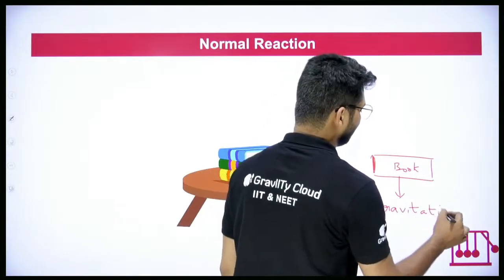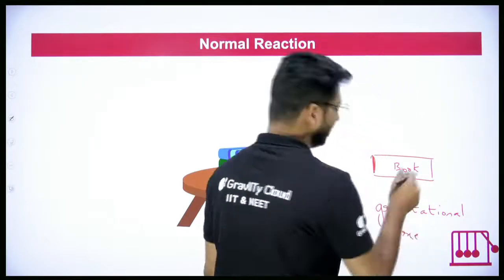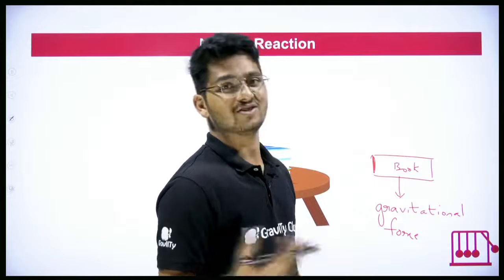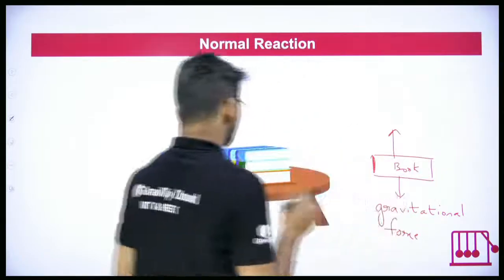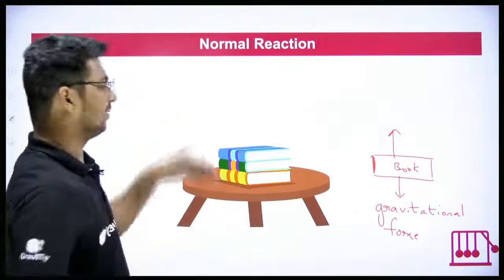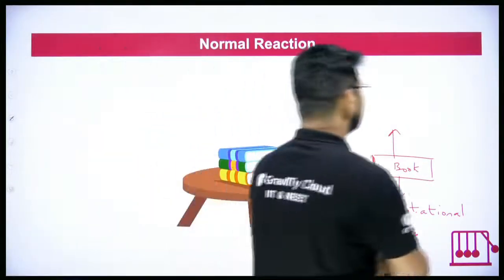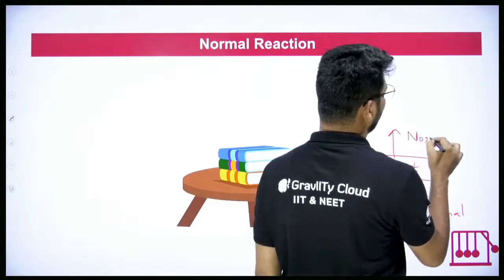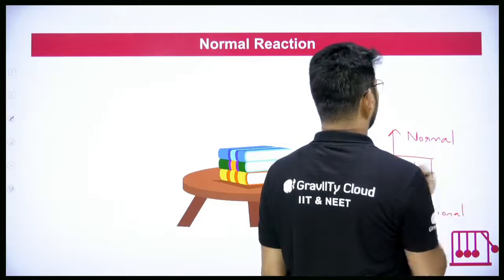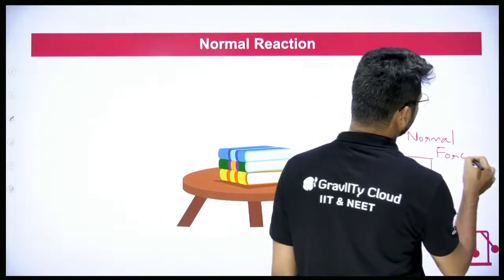Okay. So if gravitational force by Earth is acting, it should go down. It is not going down. That means there is someone stopping the books from going down. Who? The table. How? The table applies an upward force. And that force by the table is called as normal reaction or normal force.